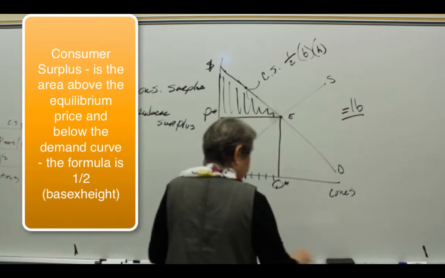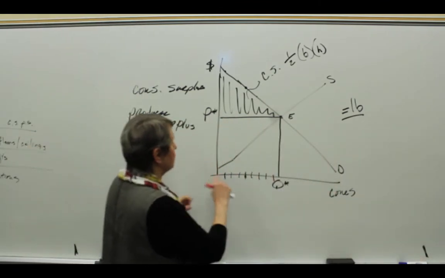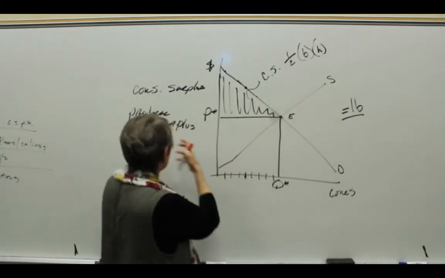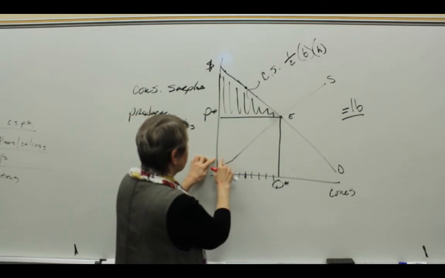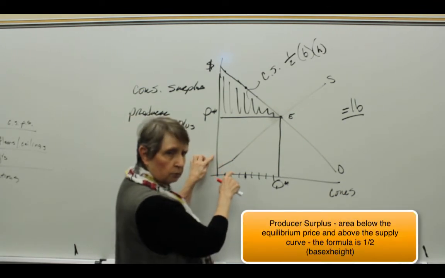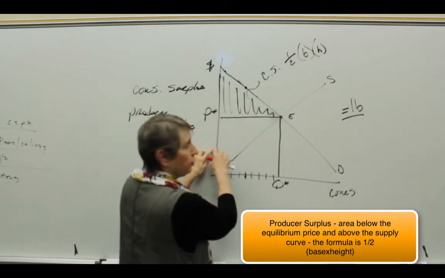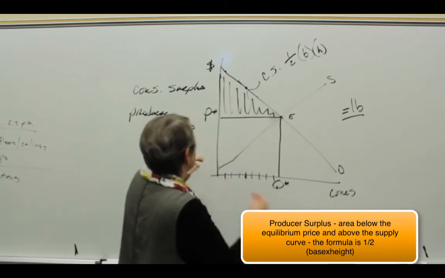Consumer surplus. Producer surplus. The producer says, this is his supply curve, and you remember when we had his supply schedule up here, the producer said, well, if I can sell these for $1, I'll put one of them on the market. If I can sell them for $1.50, I'll put two on the market. If I can sell them for $3, I'll put more.